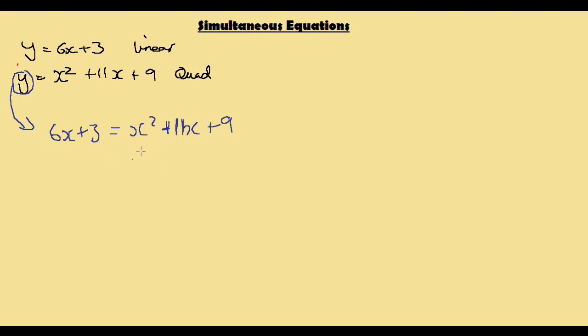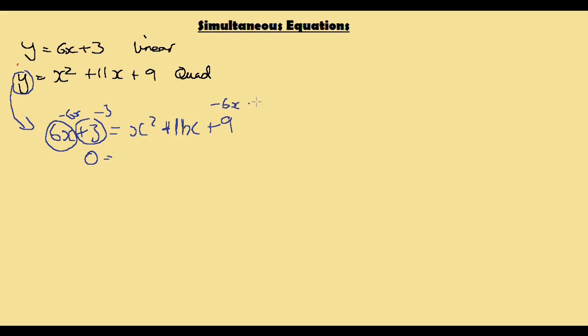So we need to try and solve this. The most important thing to realize is that this x squared makes this a quadratic equation. So in order to solve a quadratic equation, we need all of the x's and all the numbers on the same side of the equation. So we want 0 equals. Here we go, 0 equals, which means that we need to remove this by minusing 6x, and remove this by minusing 3.